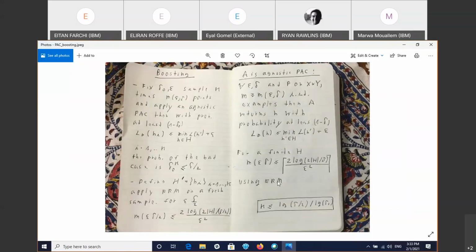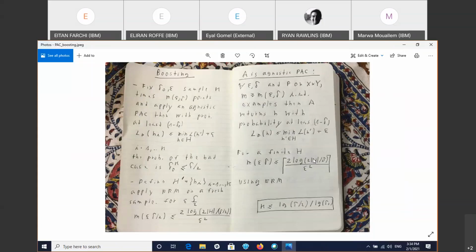Now, the other thing is that m needs to be within some boundaries. You'll see things of this flavor, like smaller than or bigger than something that depends on these parameters.